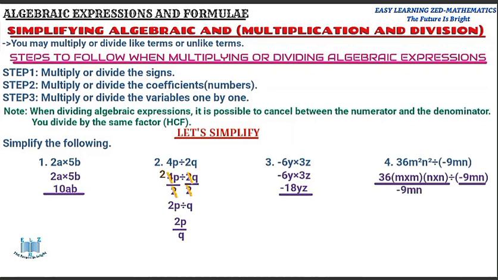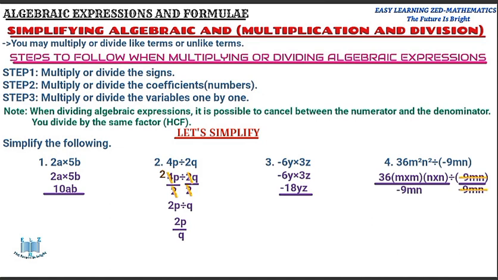So I'm going to divide both sides by negative 9mn. As you can see, after the division sign on the right side, we have got negative 9mn on top and down. That means we can cancel out the one on top and the one down, so that we just remain with negative 9mn.